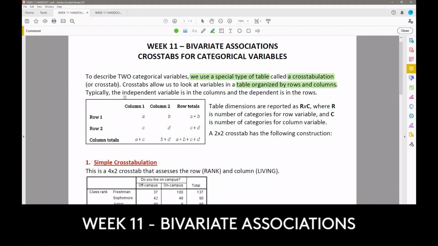Typically, we put the independent variable in the column and the dependent variable in the row. This is a common method, but you don't necessarily have to do this all the time. In fact, my outlook is that you put the variables in whatever place makes more sense, so that the table is easiest to read, okay?